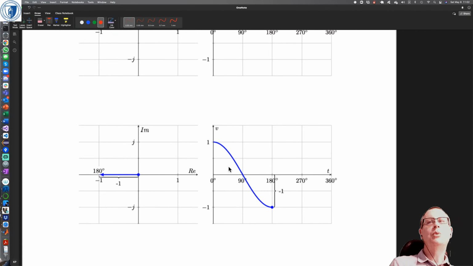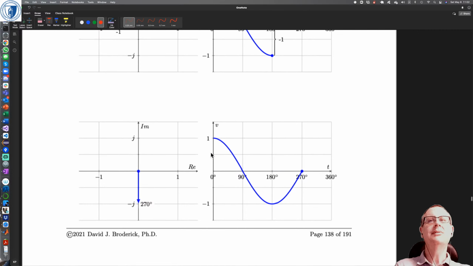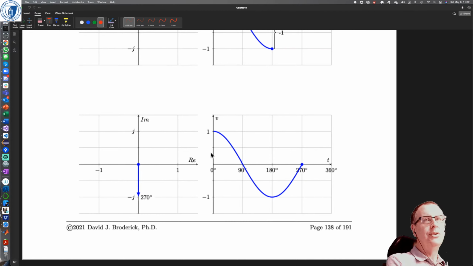And similarly, when we have our angle of 180 degrees on our phasor, our unit phasor, it's still only unit length of 1, but now it's in the negative real axis direction. So we get a -1 as the projection onto the real axis. And then we can go to 270 degrees.